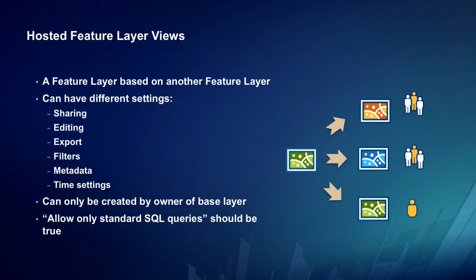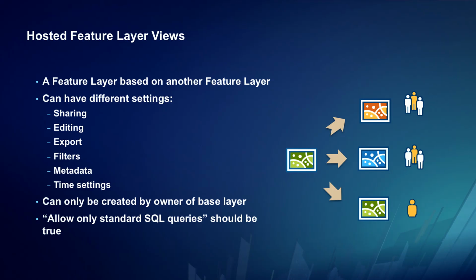One thing to note there is that there is a setting in your portal called Allow Only Standard SQL Queries, which should be left on. This is on by default, and this means that your feature services and feature layers only accept standard SQL. You can switch that off. There are some use cases where you want to use more sophisticated SQL that is not in this standard SQL list that we have documented.